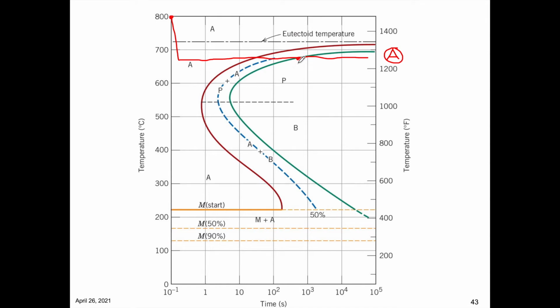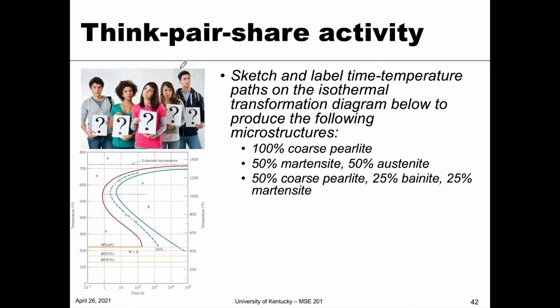If you follow it down, that is close to 10 to the third seconds. So the reaction starts a little past 10 seconds and then goes to about 10 to the third. So again, it does take some amount of time from when we start over here. All right, so that is the first one. So this is A.